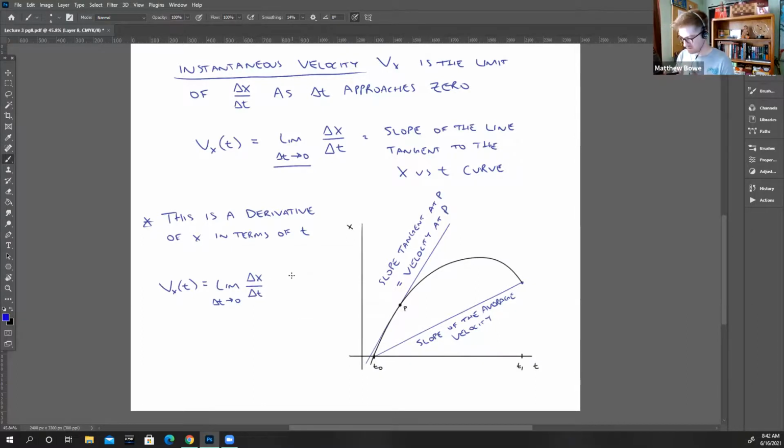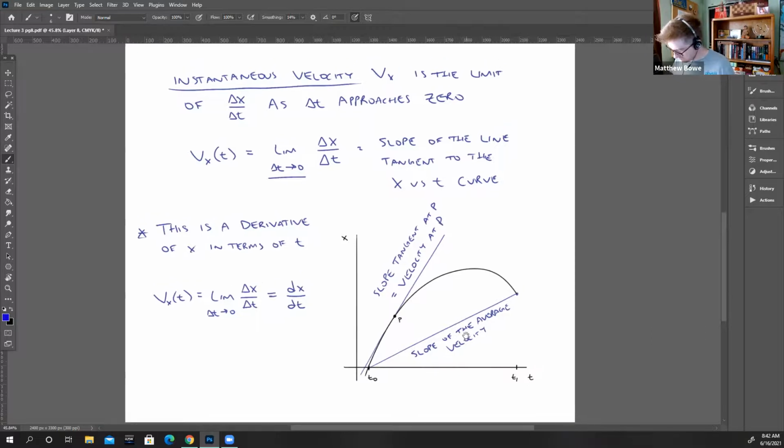See, we're getting this smaller and smaller slice. This is formally written as dx over dt. These are just very tiny slivers right here. And if we actually do this, we can get the slope at point P. And we know that the slope right here is the velocity at this specific instant.